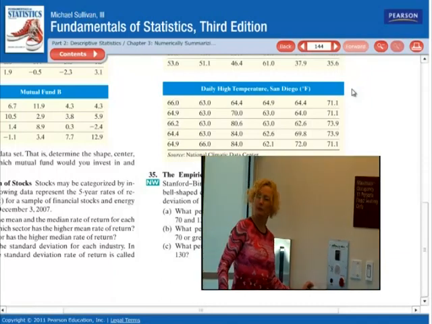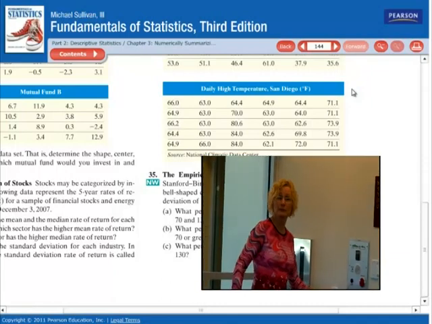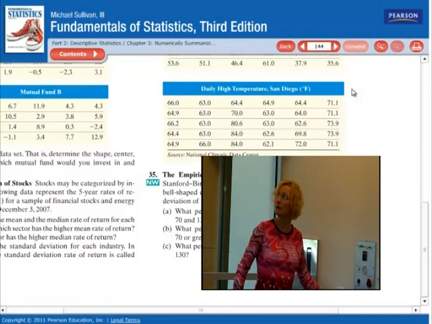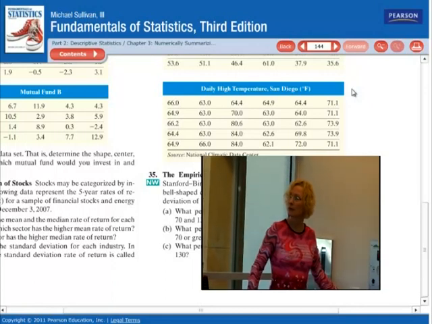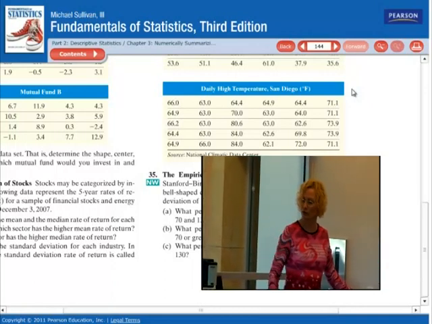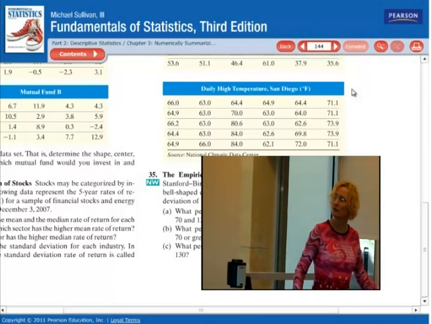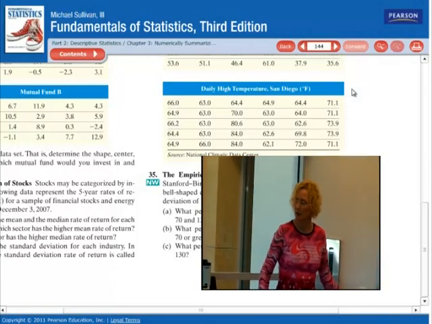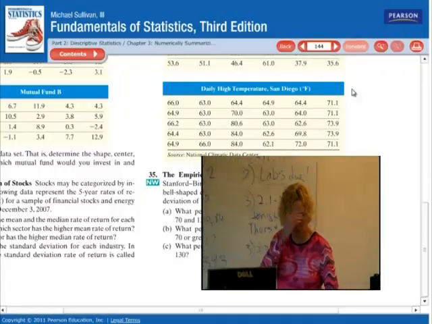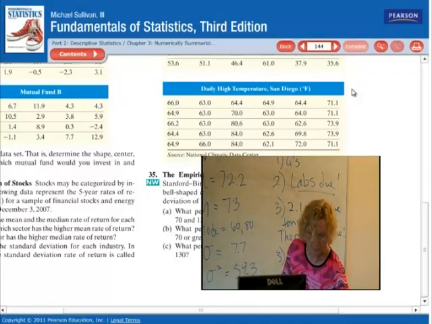You can count on this being on a test. You can put money on it. Either the empirical rule or our next rule, Chebyshev's theorem. But these are really widely used, really common uses of standard deviation. All right.